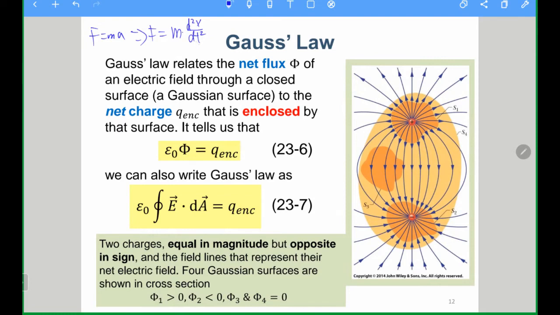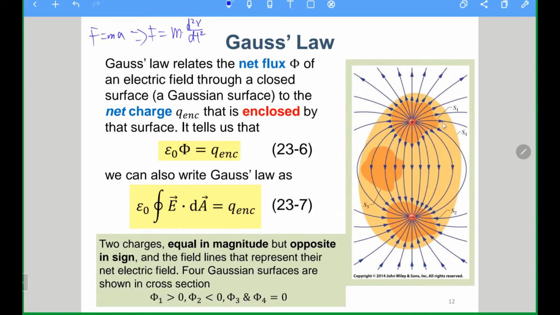It makes Newton's second law of motion more useful. And so as the Gauss law, if you write it like this, then it will be more useful for solving complicated problems.